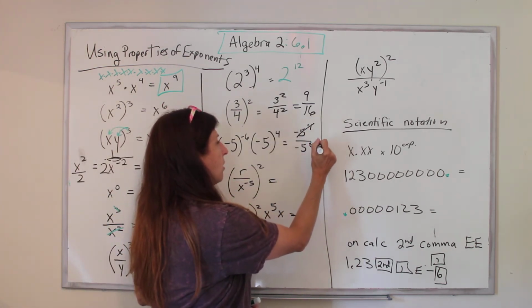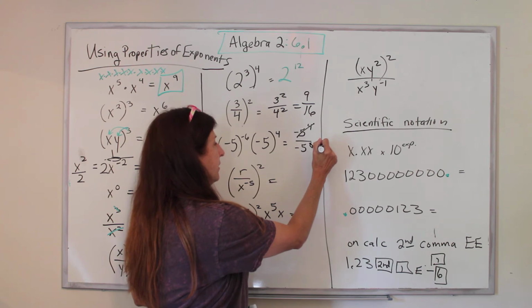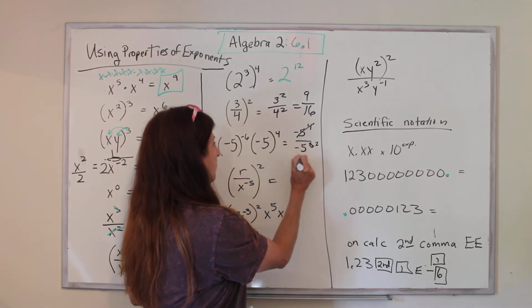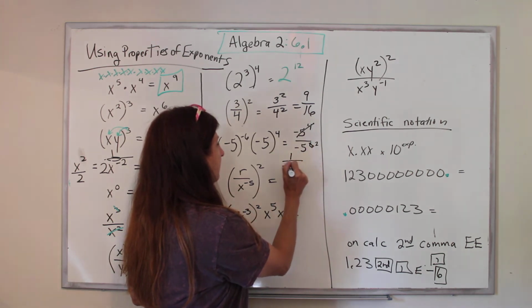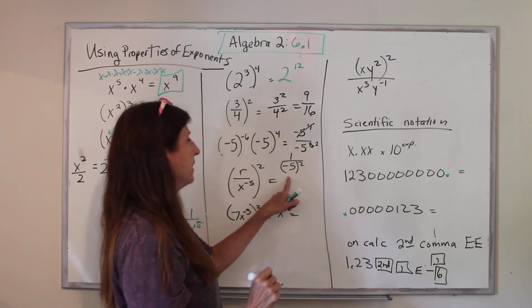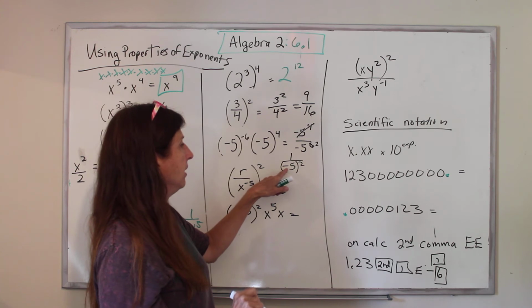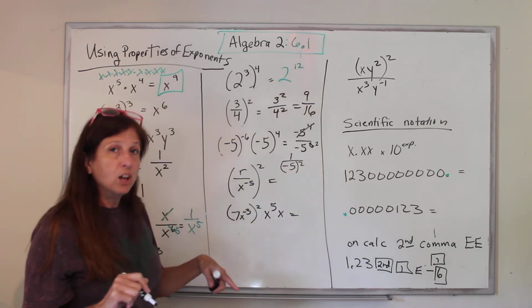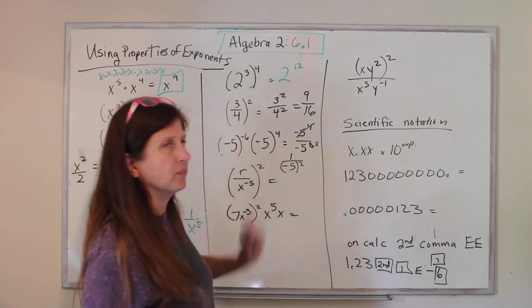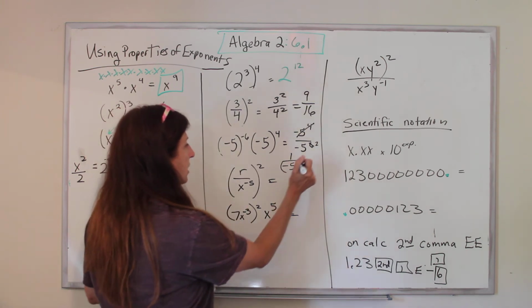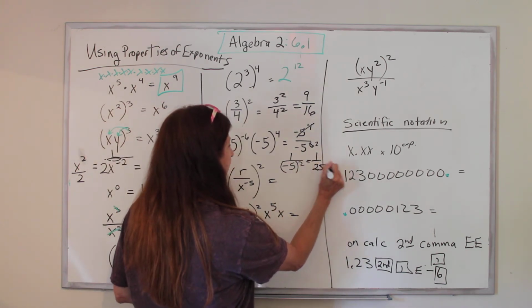These 4 can cross out 4 of those, leaving 2. So I'm left with 1 over negative 5 squared. And you have to put that in parentheses because it's negative, or else it'll do 5 squared times understood negative 1, which will give you the wrong sign. So this equals 1 over 25.